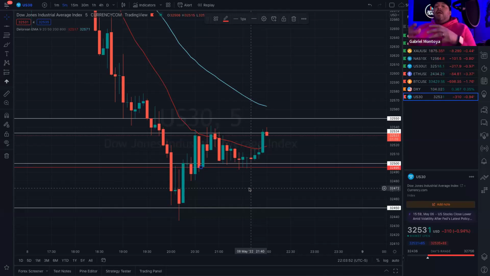Keep in mind that we're very volatile between 9 and 11. We have the US market and we have London, so we're at the end of London and we've just started the US market. We're moving super fast, and that's what I want.